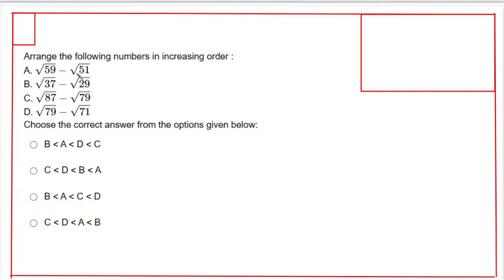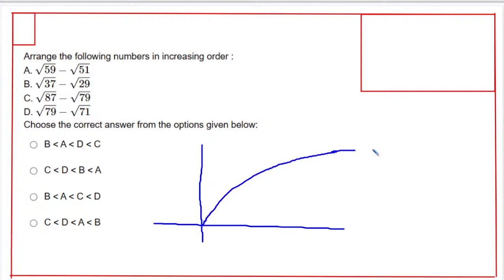In this question, we can say that the gap of numbers is 8. If you can see the gap, it is 8. So it's a good question based on the functions, based on the graphs. This is a graph of y equal to mod x. If I say the gap is same, like let's suppose these are some values and this gap is equal to this gap. These gaps are same.